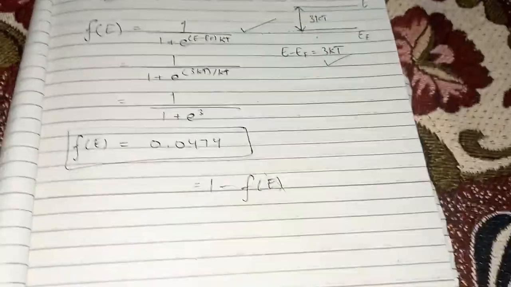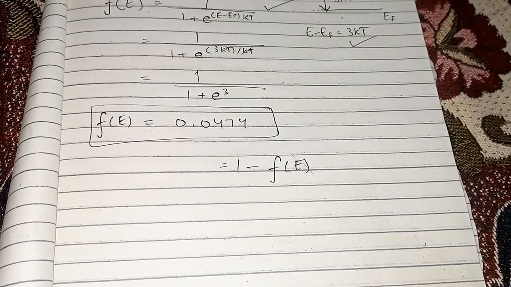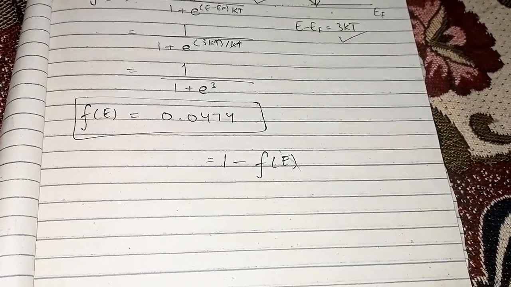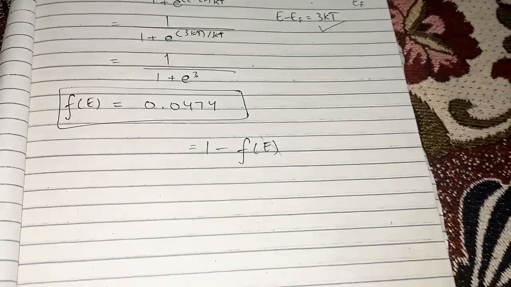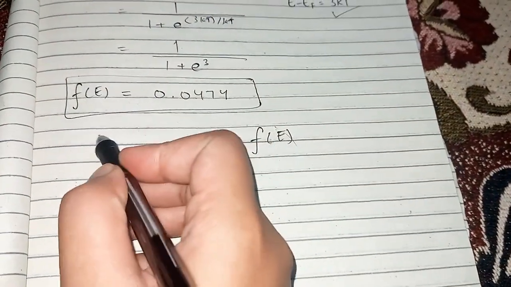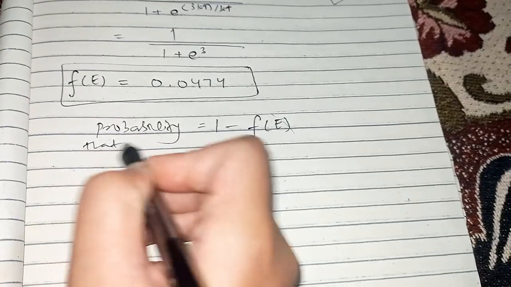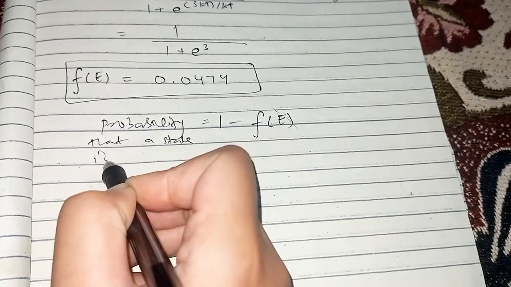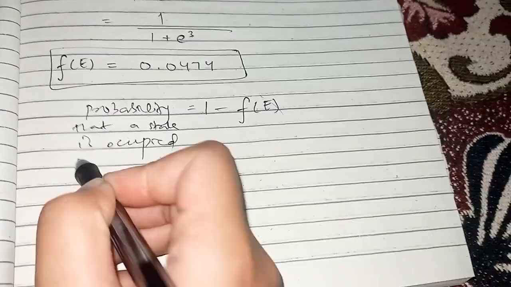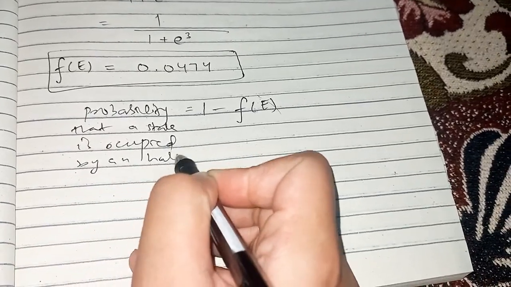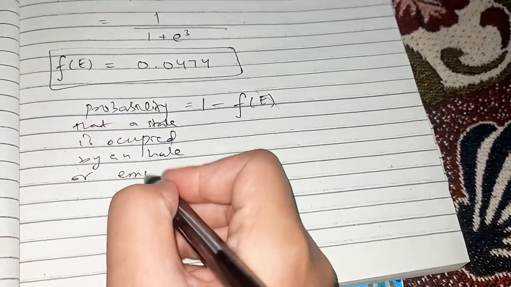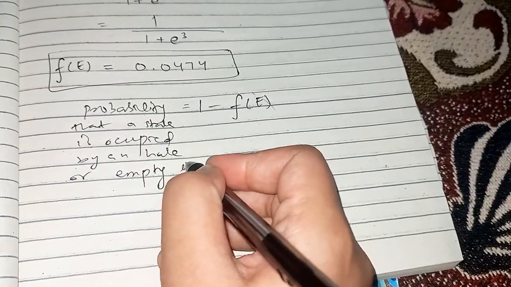Okay, if they are saying what is the probability that the state is empty or the state is occupied by a hole, then this is something that you have to do. This is the probability that a state is occupied by a hole or empty of electron.